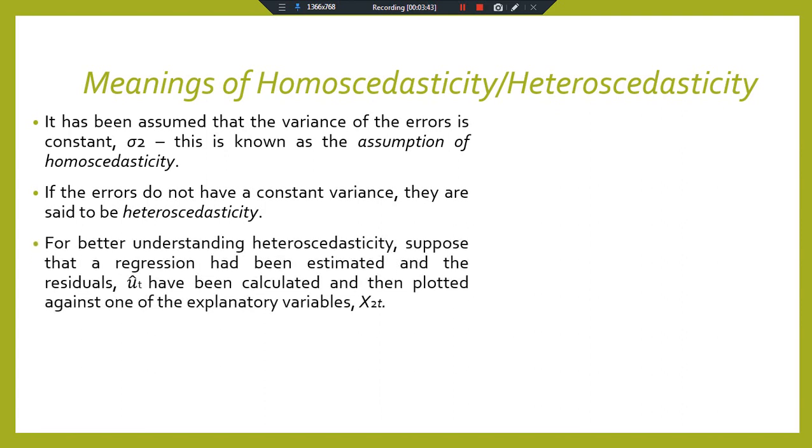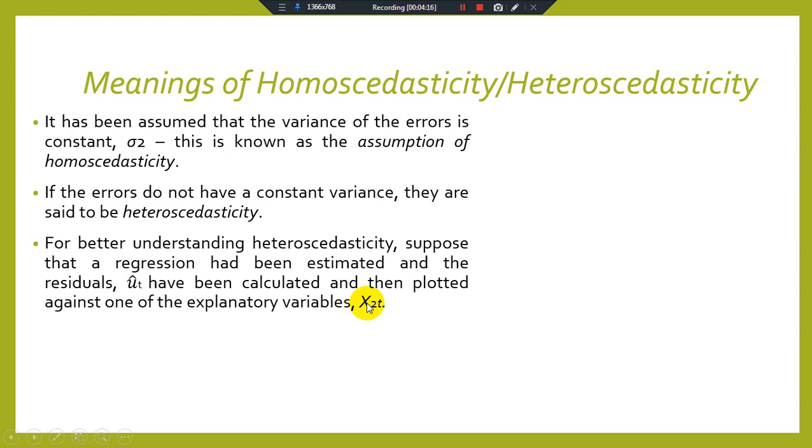For better understanding of heteroscedasticity, suppose a regression has been estimated and the residual u hat has been calculated and then plotted against one of the explanatory variables, like x2t. We have a multiple linear regression, and we plot the residual against this variable.